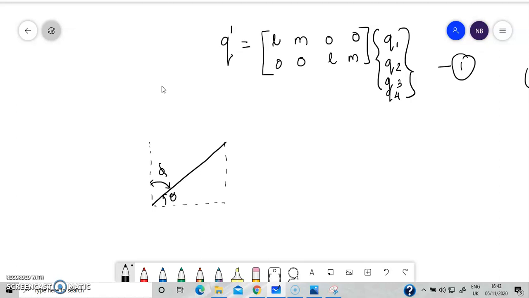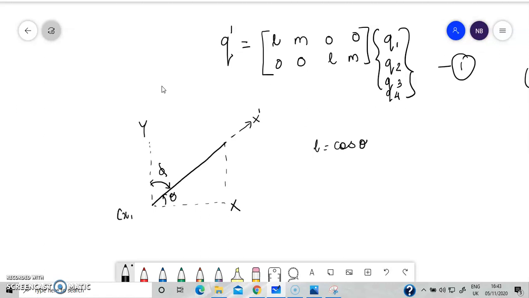So theta is the angle which the x dash axis makes with the x axis, and phi is the angle which the x dash axis makes with the y axis. So this is my global x and y, and this is along the x dash coordinate. Now we know that L equals cos theta.